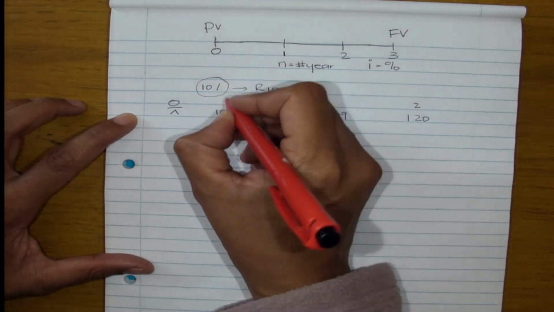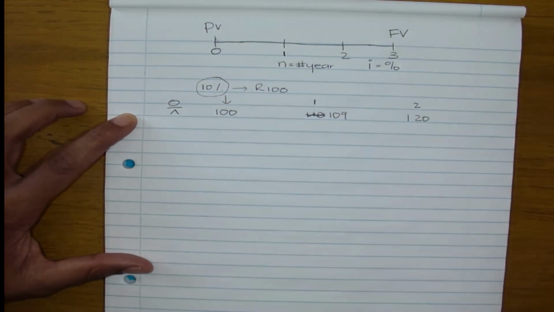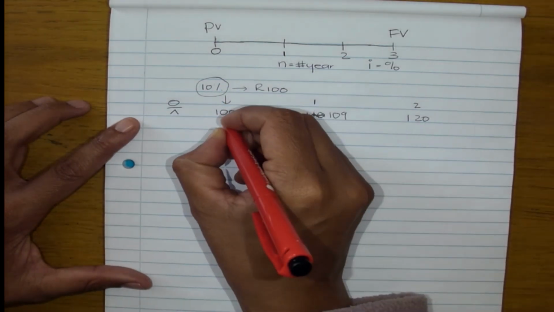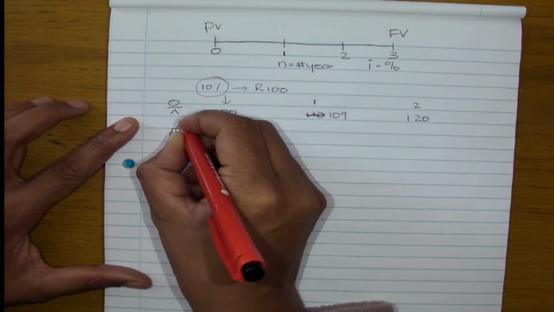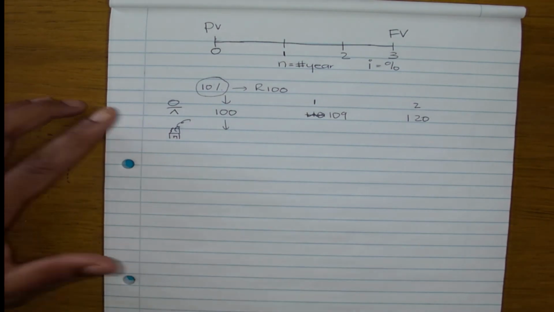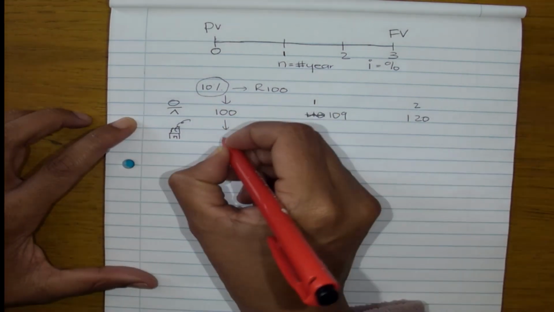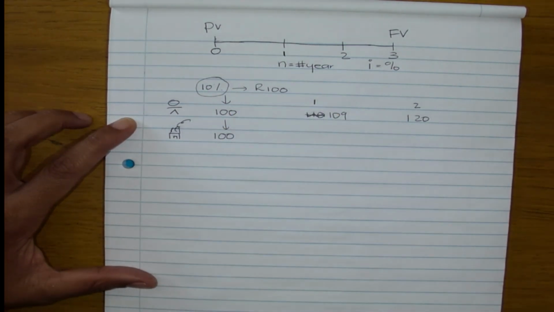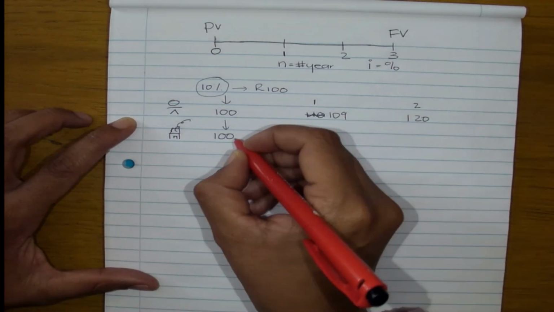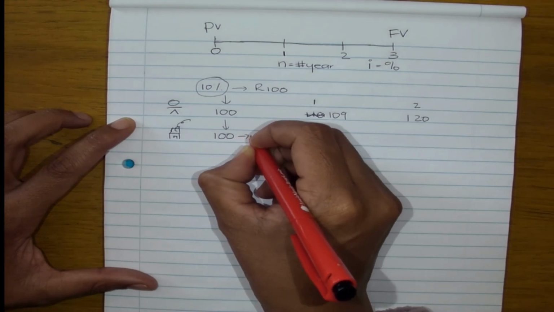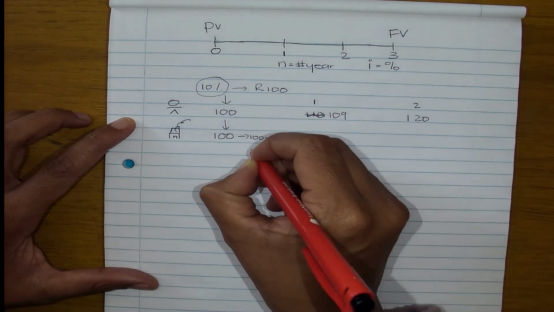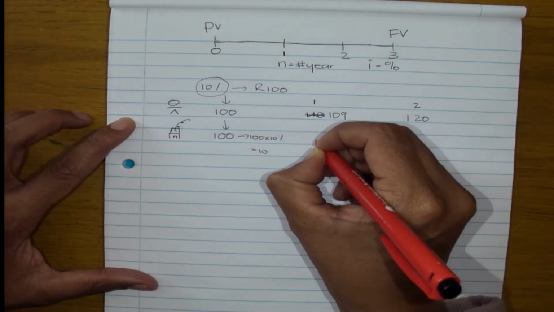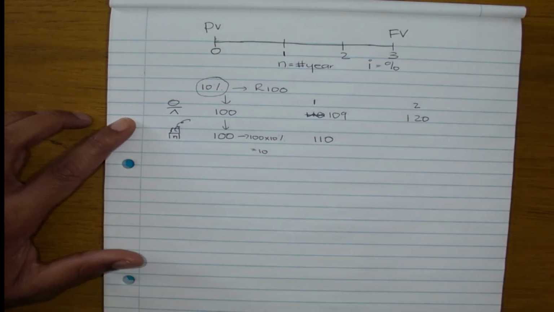Now remember, this is present value, this is now. If you take it to the bank, they're going to give you 10% interest. So this is the 100 Rand you place in. After the first year, how much will the bank give you? 100 Rand multiplied by 10% is equal to 10, so the bank will give you 110 Rand back.